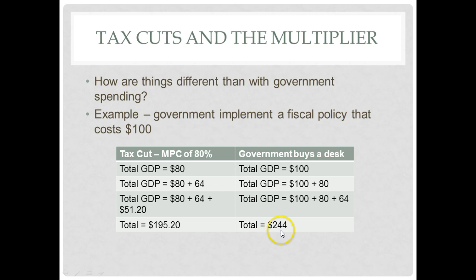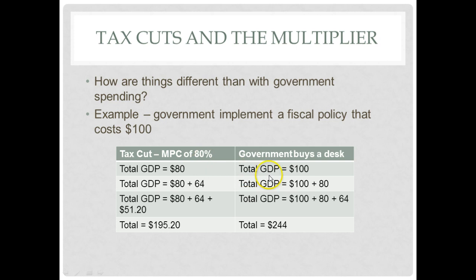Let's suppose that instead we go back over here, and instead of giving the desk maker spending of $100, we just cut his taxes by $100. Well, here's the change in that. The difference is that when you cut his taxes, the MPC kicks in right away.